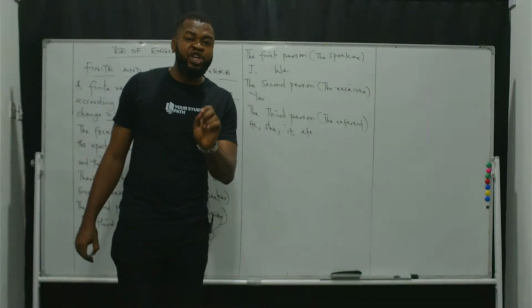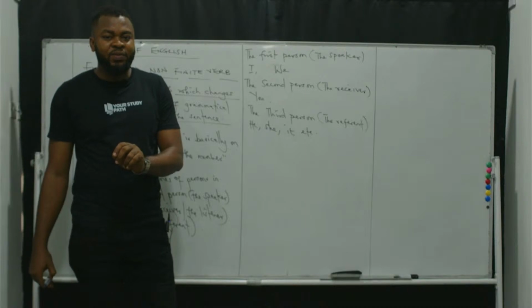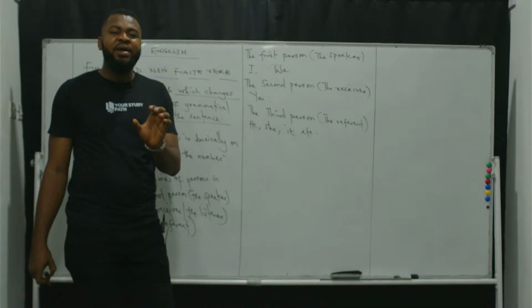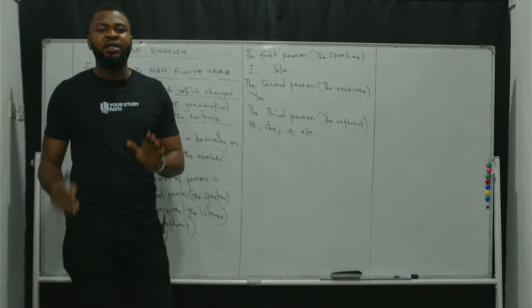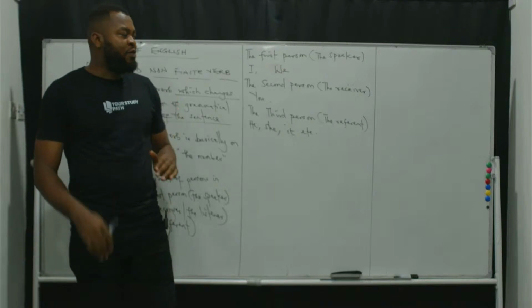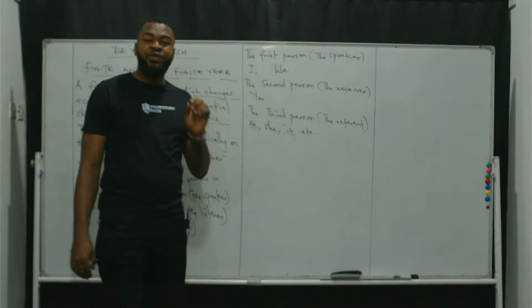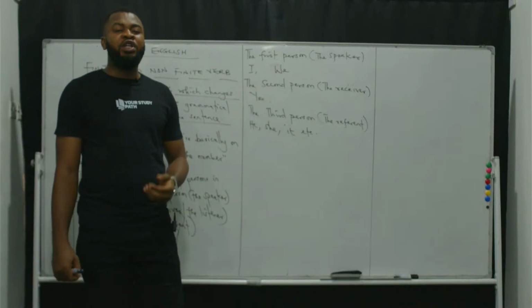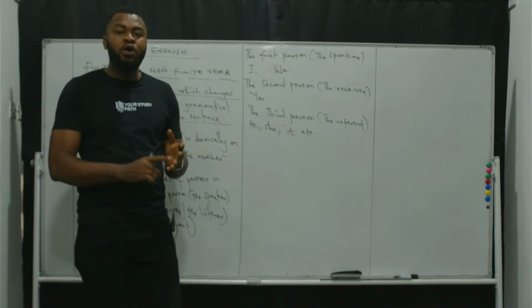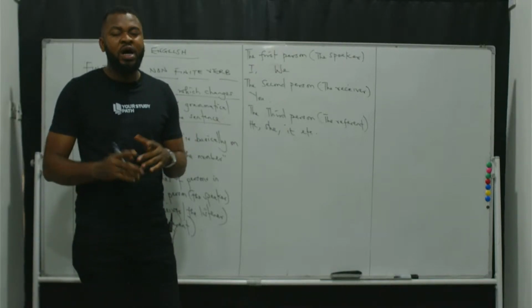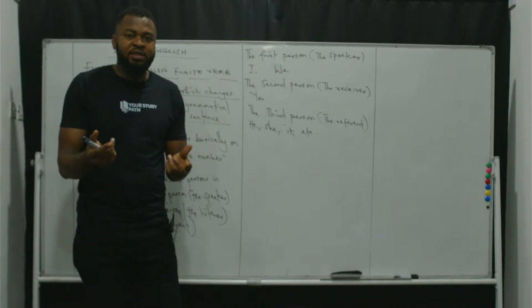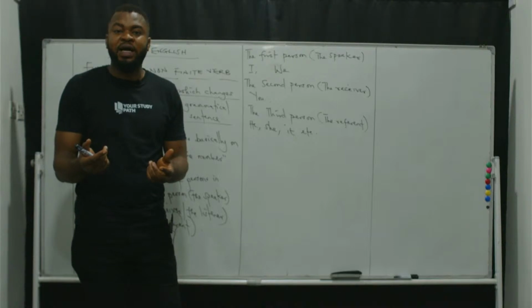And whenever there's a change in the verb, it means that what? There is an element of finite verb being in play. And when you change from second person to the third person, that is, from you to either he or she or it, what happens is that what? There has been a grammatical change entirely.